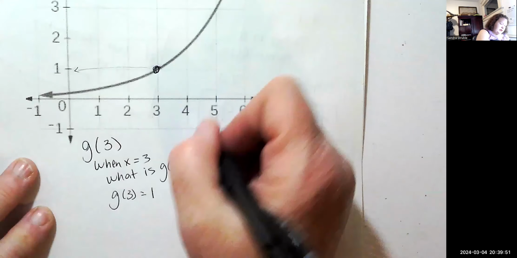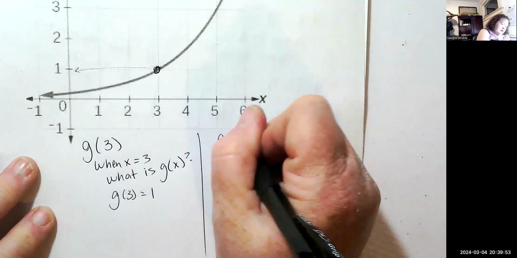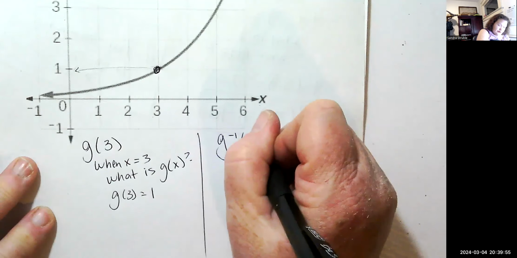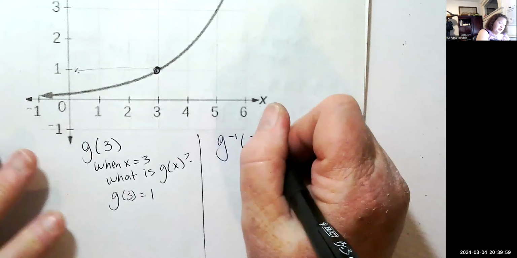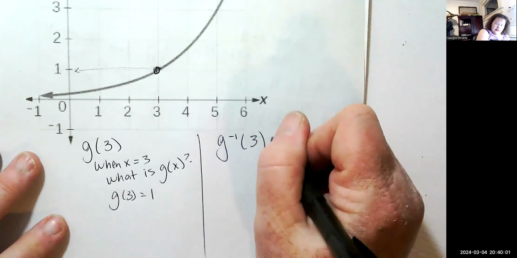The next one is the inverse of g of 3, g inverse of 3 is equal to what?